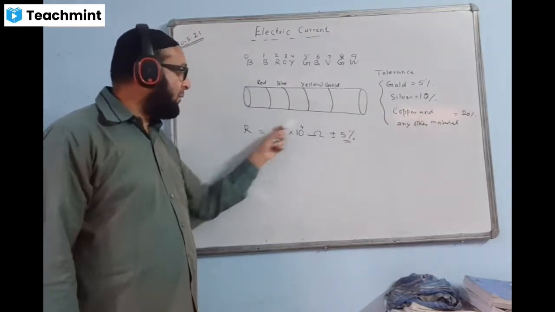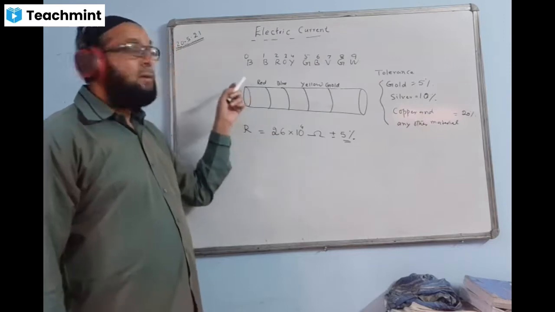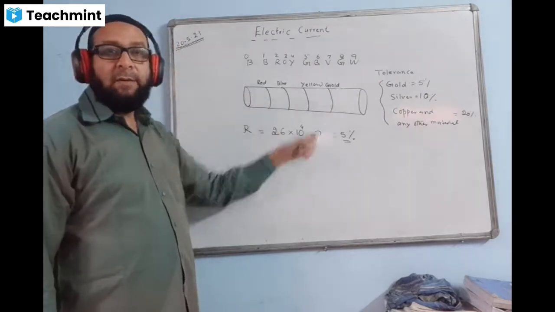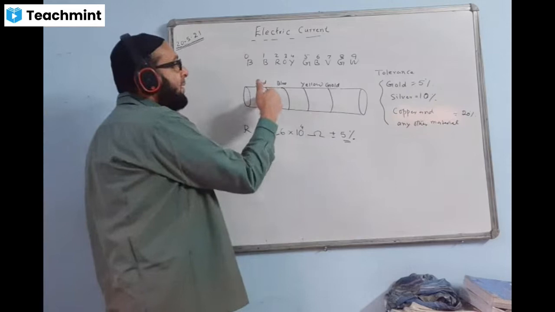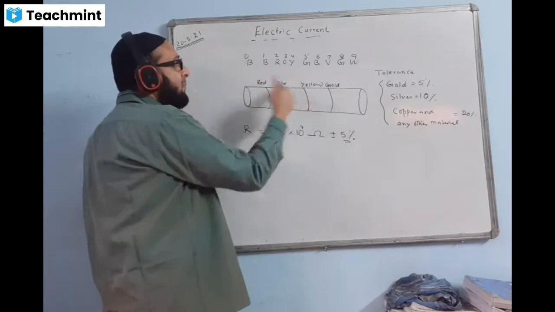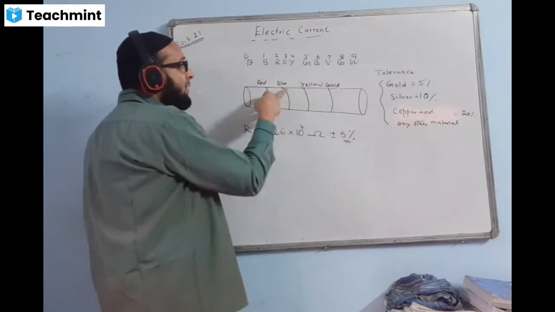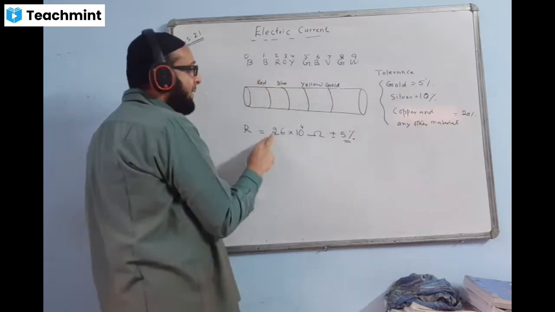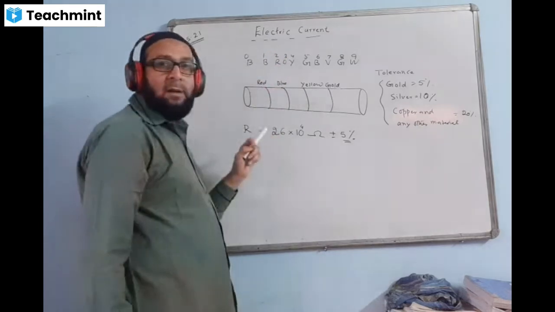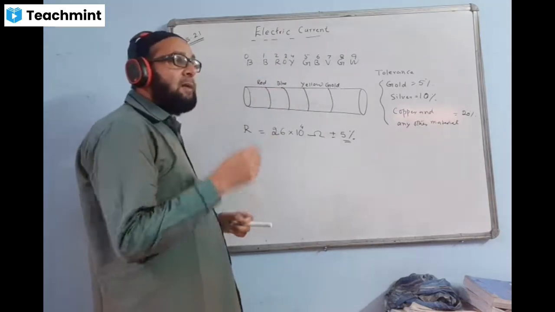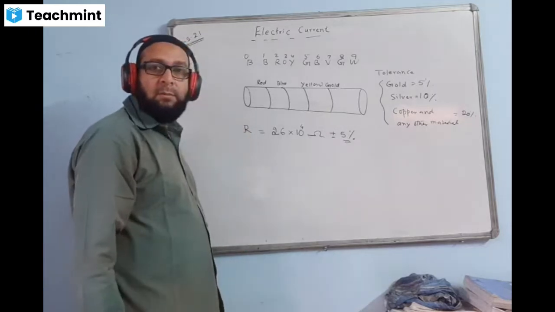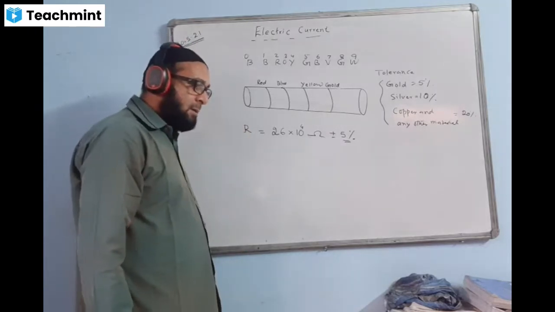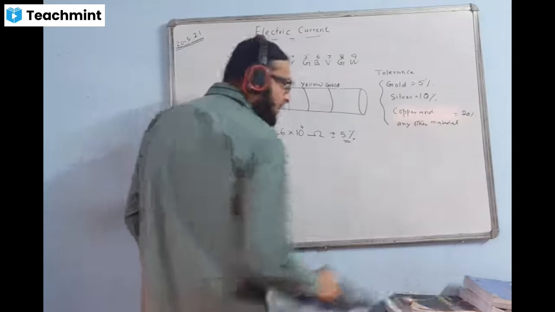We write down the value of resistance according to the colors given. We begin with the first color, red. The first two colors give the digits, and the third color's number comes as a power of 10. Hope you understood it. Yes?